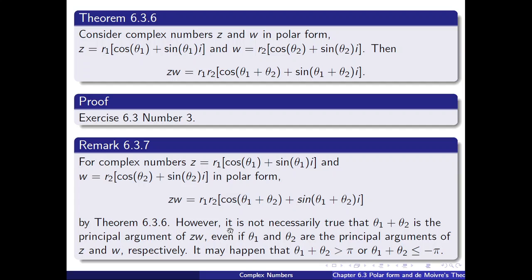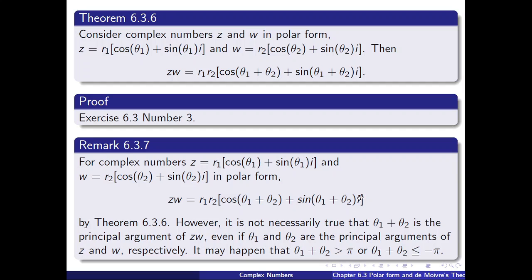However, it is not necessarily true that theta 1 plus theta 2 is the principal argument of zw, even if theta 1 and theta 2 are the principal arguments of z and w. The reason is simply that theta 1 plus theta 2 might be greater than pi, so it will be out of the range that we want.